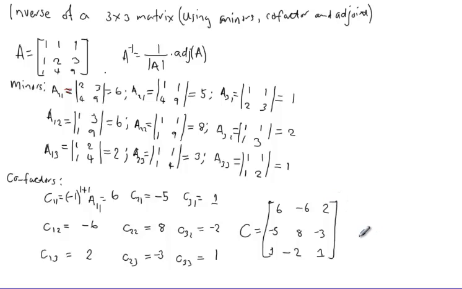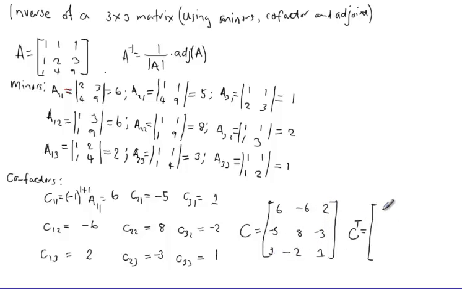The next thing is the adjoint. The adjoint is precisely the transpose of the matrix of the cofactors. What remains constant from C to C transpose is the diagonal, isn't it? So you must share. Then this rotates this way, this rotates this way.